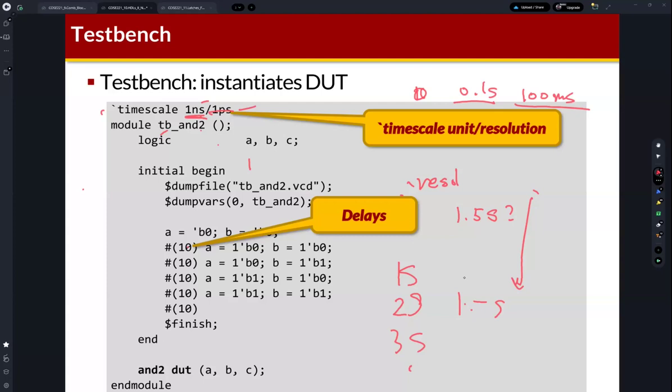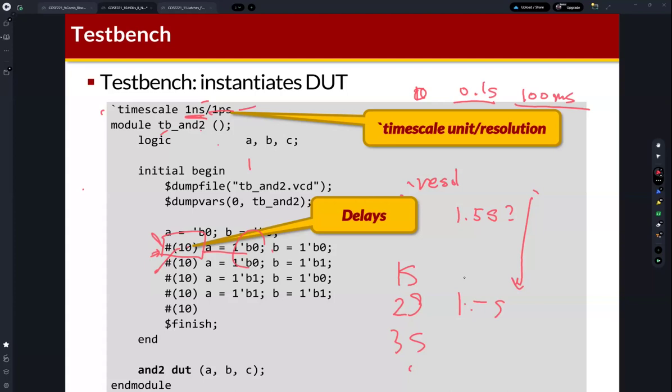After that you can find this sharp symbol, and then a number, and this number represents the delay. Simply, it represents after 10 nanoseconds. Because the time unit is nanosecond, after 10 nanoseconds A will become 1 bit 0, and B will also be 1 bit 0.